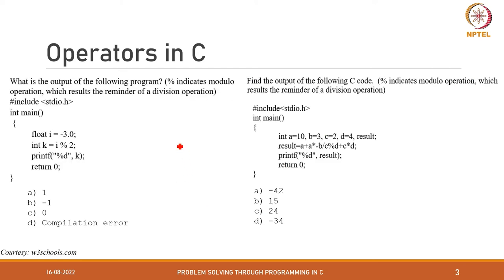So using those arithmetic operators, let us just solve some sample problems. The first problem that we have is: what is the output of the following program? Here we have a program where we are including stdio.h and we have a variable I, which is of type float, and we are initializing it to minus 3.0.